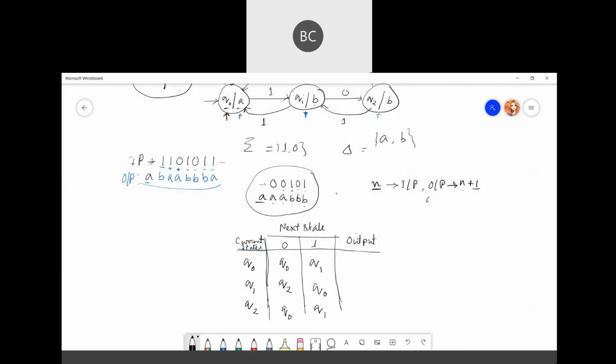This part is just the same, right? Only thing is that we have an extra output here. So for Q0, what's the output? A. For Q1, what's the output? B. And for Q2, what is the output?